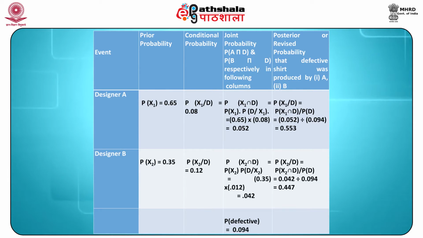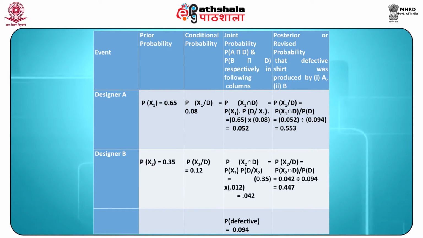So, we have the following table where the column headings are: event, prior probability, conditional probability, joint probability of A intersection D and B intersection D respectively, and the last column is the posterior or revised probability that the defective shirt was produced by A or by B. Under the event, we have designer A and designer B.